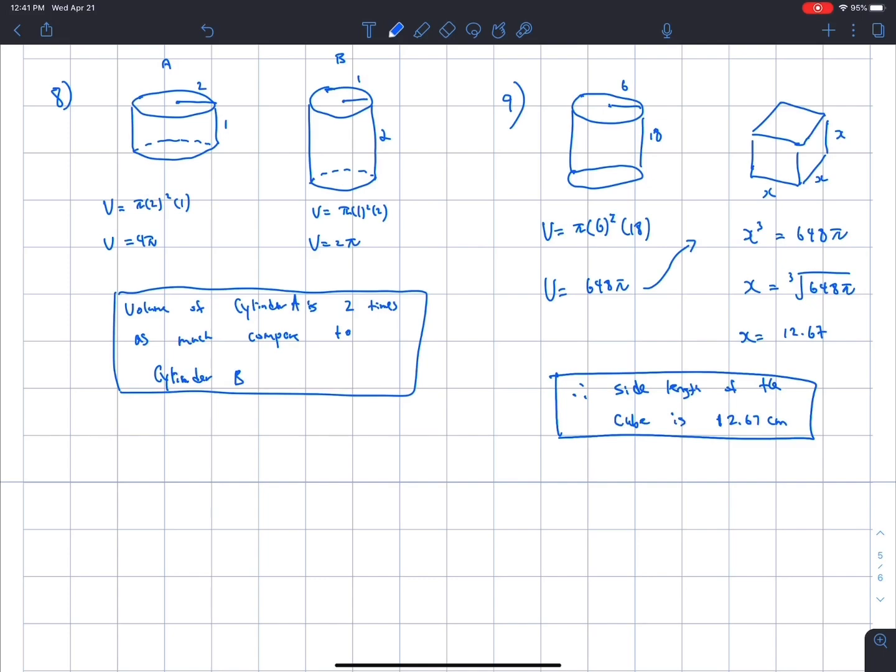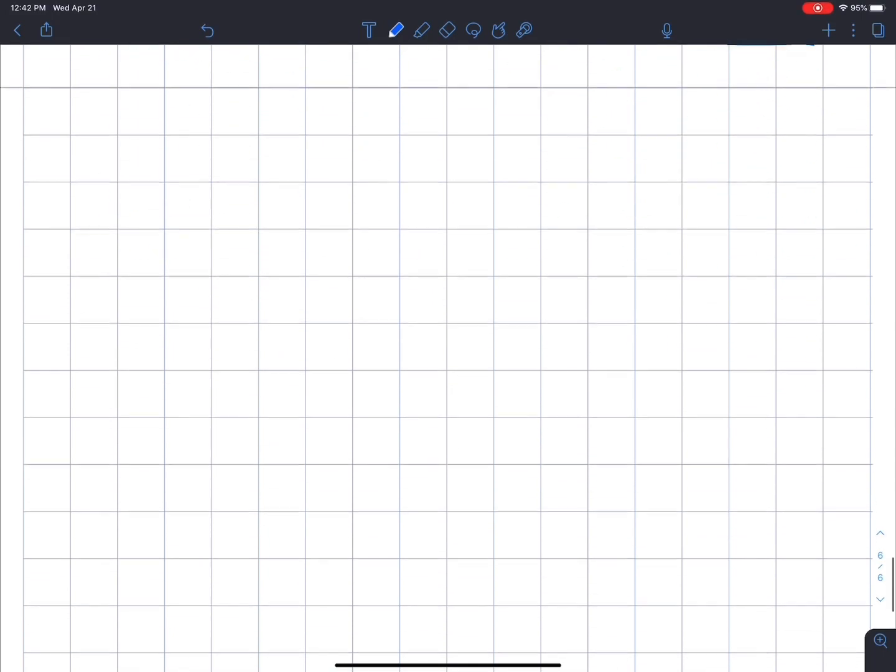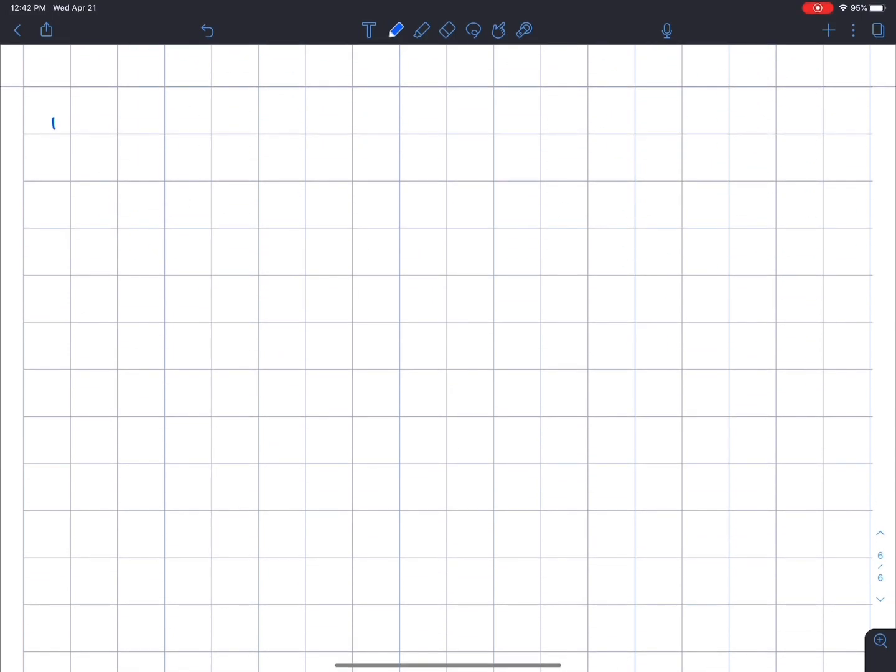Okay, moving on to question 10. Find the volume of a chocolate cake with a diameter of 20 and a height of 6, if the cake is missing a slice whose center angle measures 60.